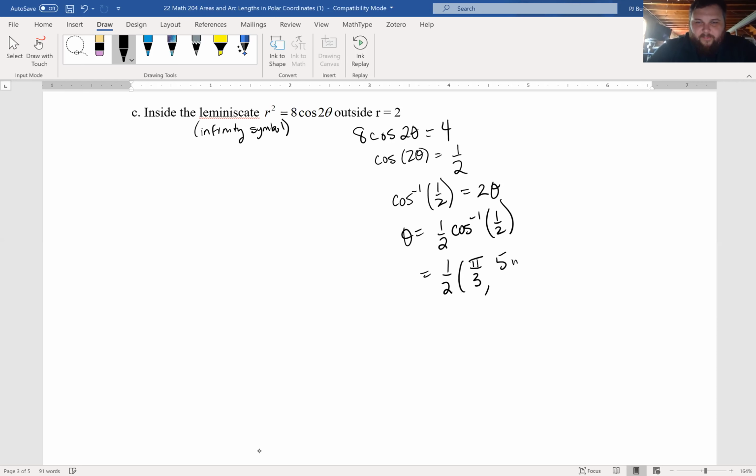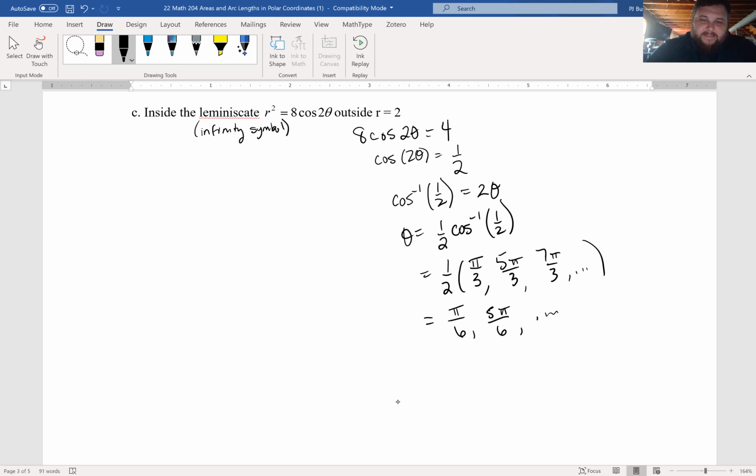I think it's 5 pi over 3. Seven pi over 3. But then we're multiplying by 1/2. So these angles are pi over 6, 5 pi over 6, and so on.